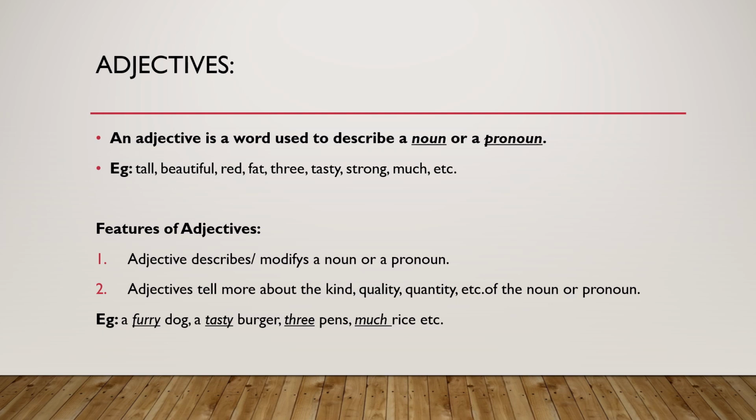Example: tall, beautiful, red, fat, tasty, strong, much, etc. Features of adjectives: an adjective describes or modifies a noun or a pronoun. Adjectives tell more about the kind, quality, quantity, etc. of the noun or pronoun. For example, a furry dog, a tasty burger, 3 pence, much rice, etc.